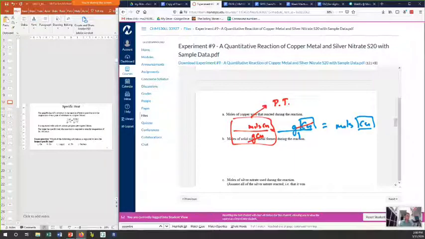And then question C is now how many moles of silver nitrate were used during the reaction. That becomes a little bit more challenging, because what we have now are moles of copper and moles of silver. We don't have silver nitrate. To figure out the silver nitrate, I need a new conversion factor. That conversion factor comes from how I convert copper to silver, which would be a balanced chemical reaction.